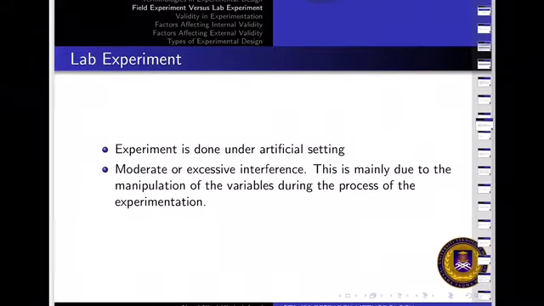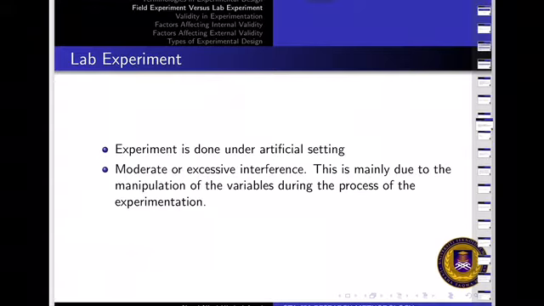So you do the experiment under artificial setting. You already decide the factors. And then under lab experiment, moderate or excessive interference. So you interfere the experiment. This is mainly due to the manipulation of the variables during the process of the experimentation.